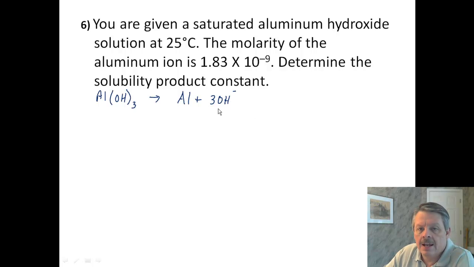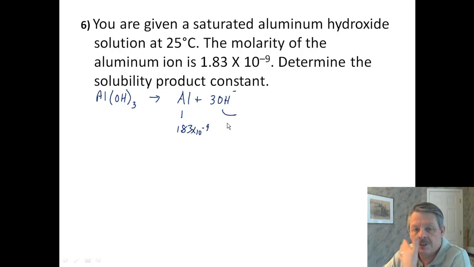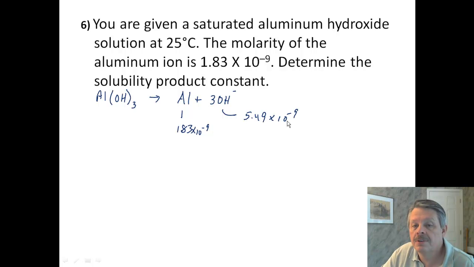All right, and so that means my concentration here is 1.83 times 10 to the -9th. And for every aluminum hydroxide that dissolves in water, I get 1 aluminum ion, but I get 3 hydroxide ions. So the concentration of my hydroxide ion has to be 3 times that number, which is going to be 5.49 times 10 to the -9th.